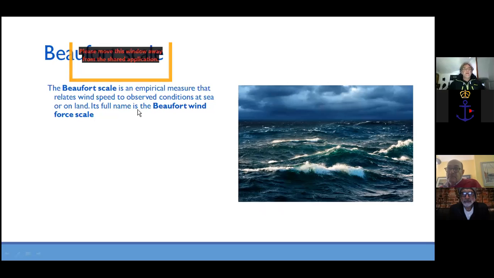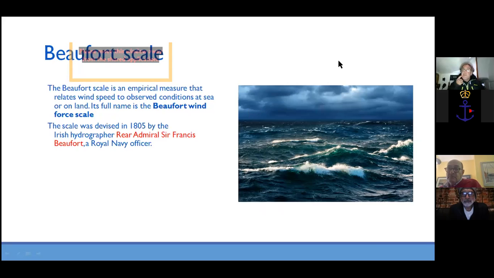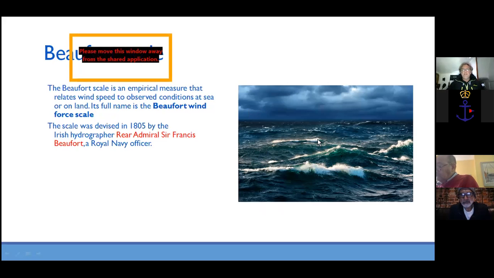Its full name is the Beaufort scale force. It comes from a very long time ago where Admiral Beaufort literally worked out that he could tell his naval ships, whatever the sea state was, they would have certain sail plans. So the whole Navy could sail to one point at the same time. So instead of arriving one at a time and getting beaten up, they all arrived together.